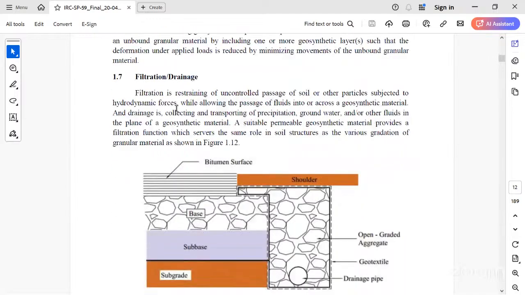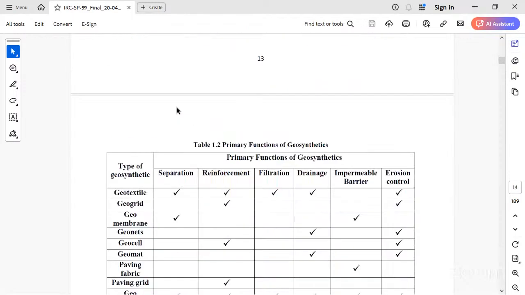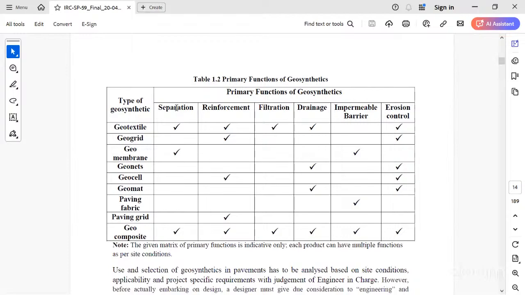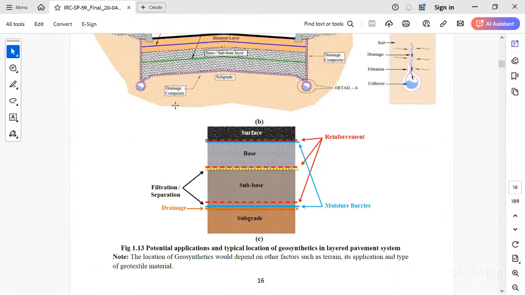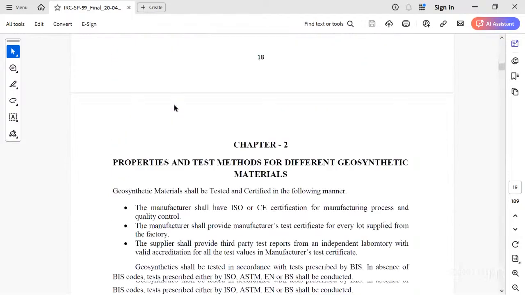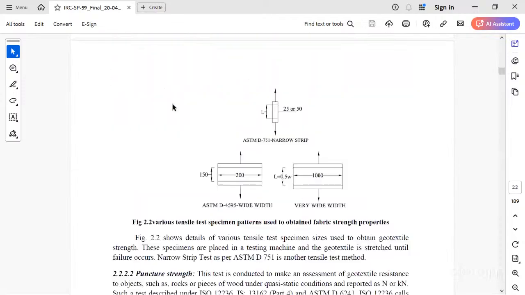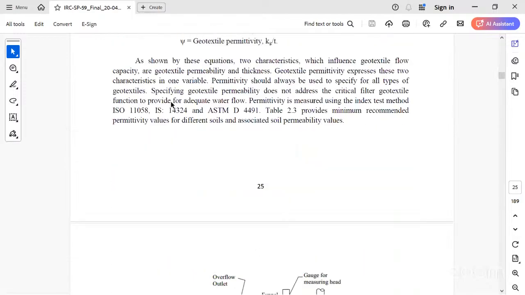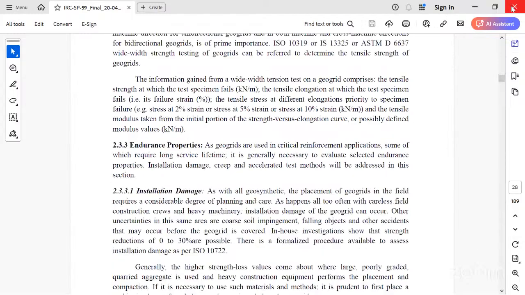And then when it comes to filtration and then the drainage, we go for a thicker product. I think this is very difficult.